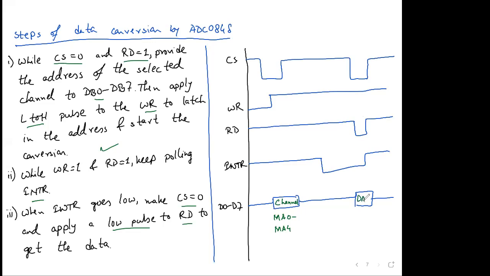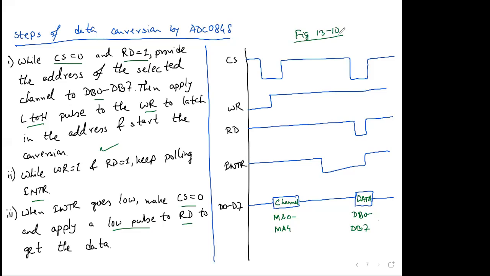So what we get is data, and the pins involved are DB0 to DB7. So this is the wave shape that we get from the summary of whatever we have learned so far. Again, this is there in your book. This is figure 13.10, so if you want, you can see it from the book as well.